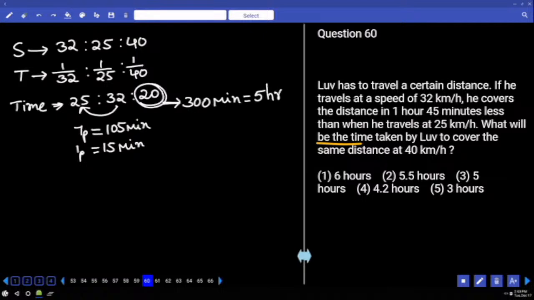That's your answer. At 40 kmph time is 20 parts, which is 300 minutes, nothing but 5 hours. Speed ratio and time ratio are inversely proportional to each other.